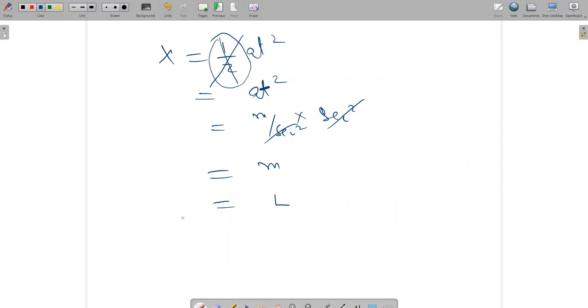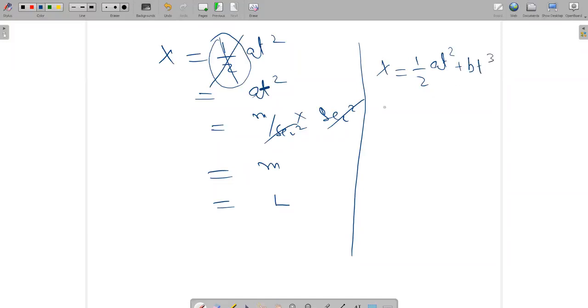Last time I used some equations in which we saw how to find the dimensions. So you control these equations. The others are simple, I think. One is X equal to 1 over 2 AT square plus BT cube.